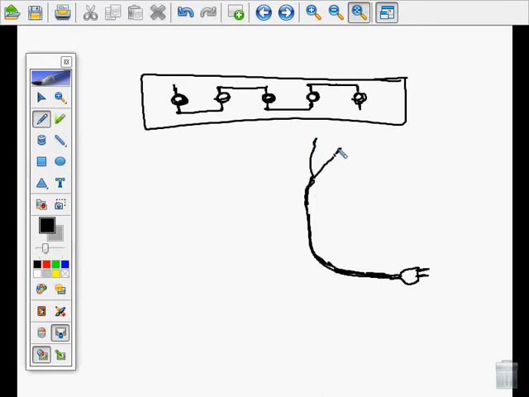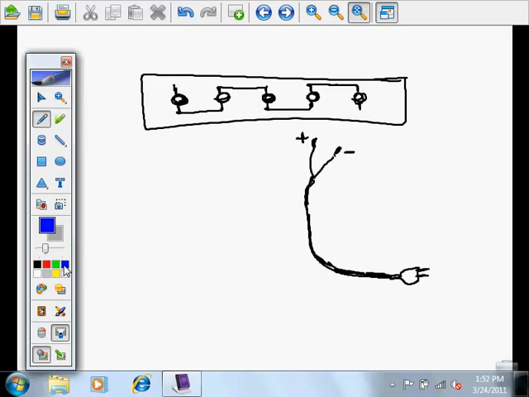And basically, you could think of this as being like the positive terminal of a battery and the negative terminal of the battery. Later on, we're going to see it's a little bit more complicated than that, but for now, you could just think of it that way. And what I'm going to do is, I'm going to connect that to various spots.